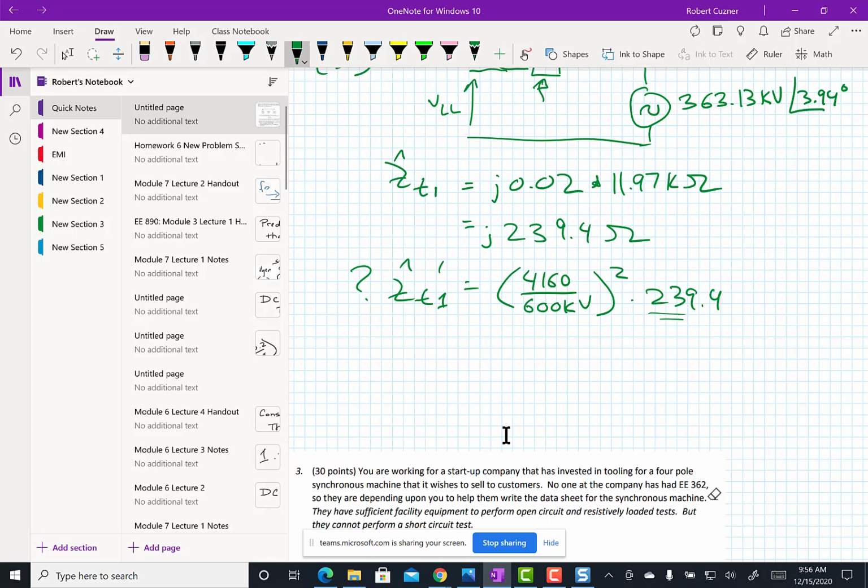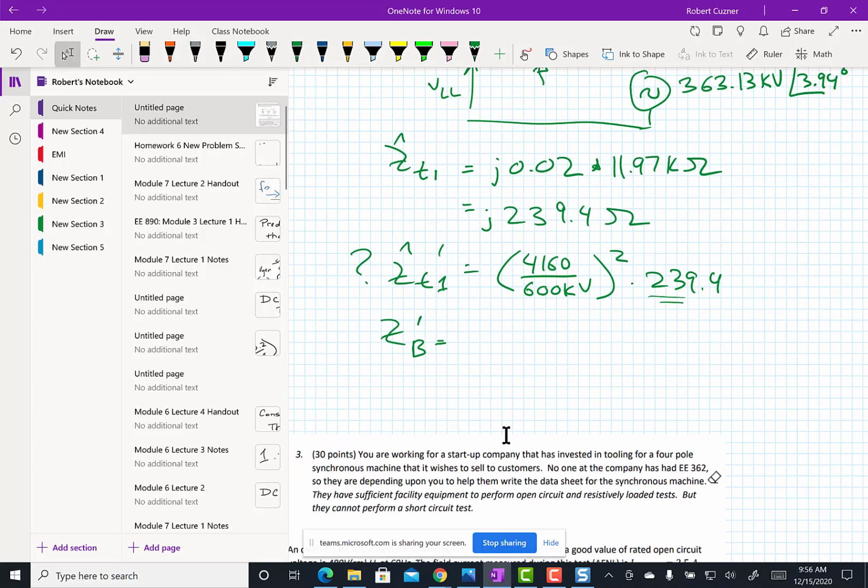But I could also have said what's the base of the generator. If I can find that base, I'll call this Z base prime, and then I could say that that base is going to be lower than the base of the transmission line, and ZT1 prime is equal to Z base prime divided by the Z base of the transmission line.